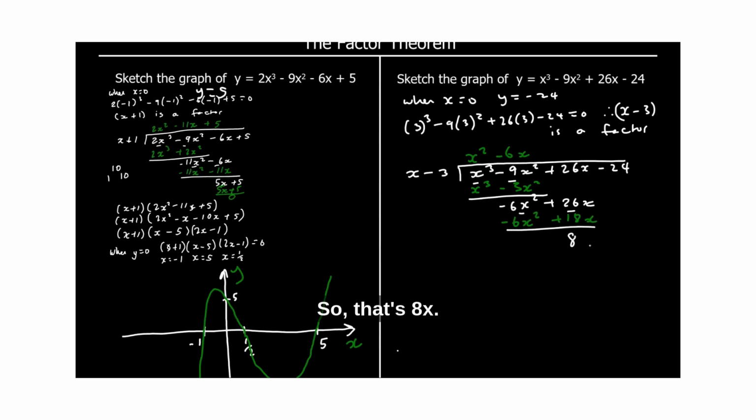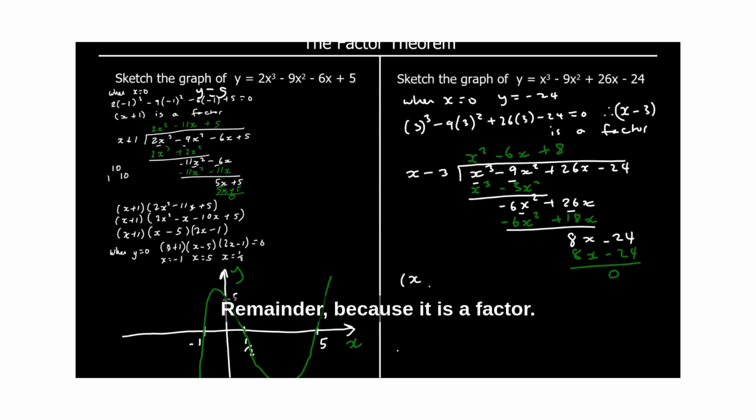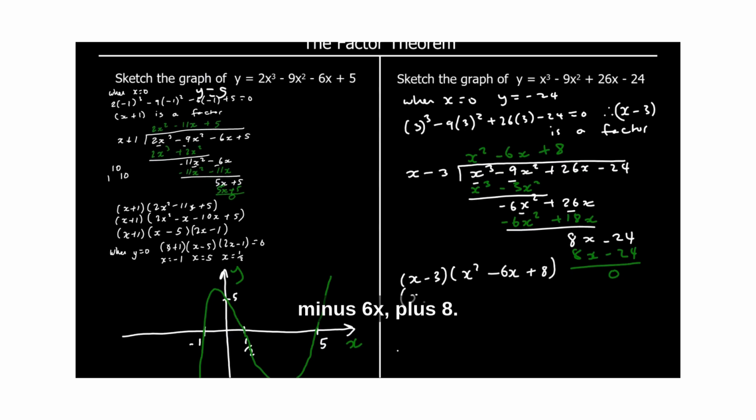So that's 8x. Bring down the last term. And 8x over x is positive 8. And then times by the x minus 3. And we've got no remainder because it is a factor. x minus 3 times x squared minus 6x plus 8.